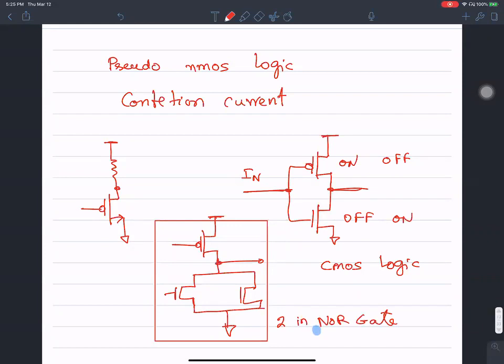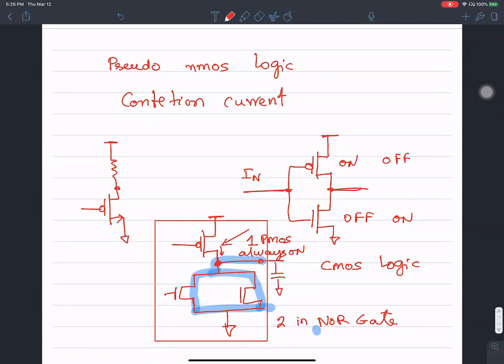In this two-input NOR gate, the pull-up network has one PMOS transistor that is always on. So when you want to turn the pull-down network on, you first have to overcome the effect of this PMOS transistor and then discharge all the capacitances to ground.